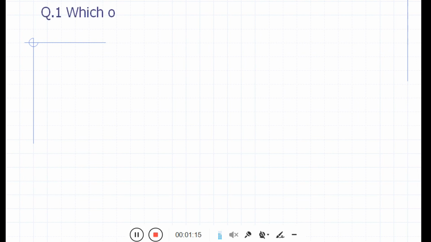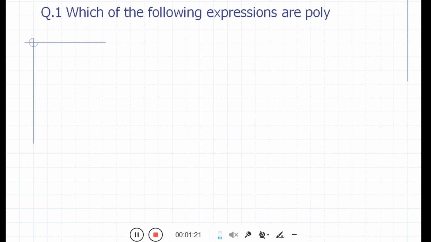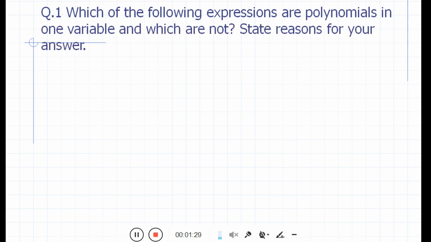See the question number 1. Question number 1 is given: which of the following expressions are polynomials in one variable and which are not? State reasons for your answer also.